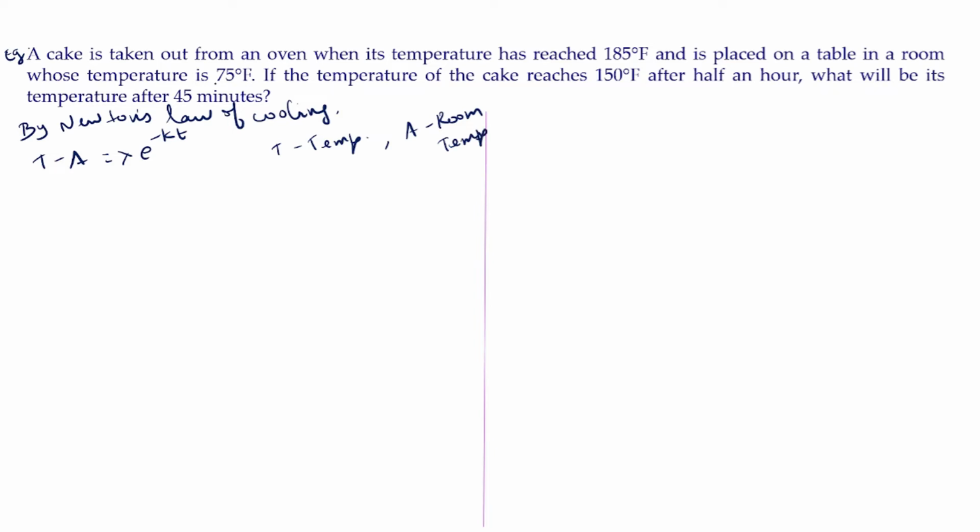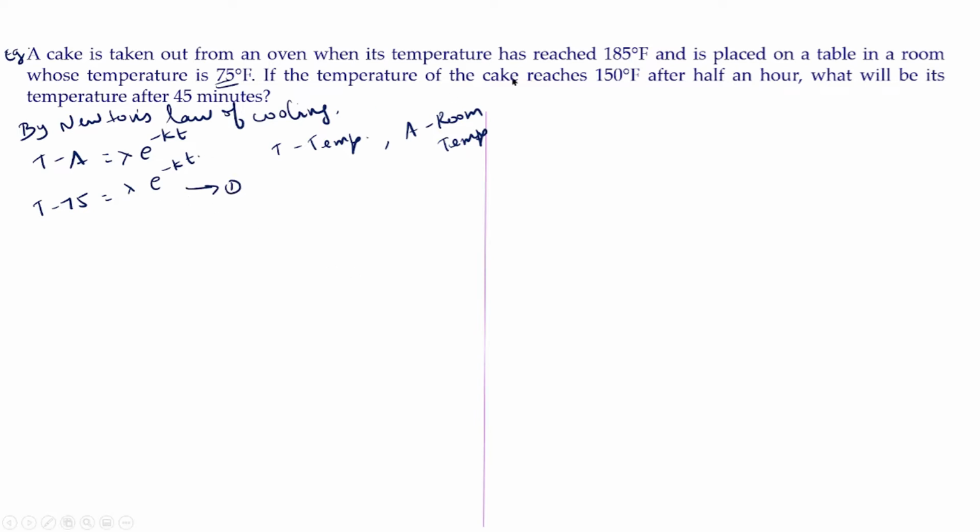The room temperature is given as 75. So we have T minus 75 equal to lambda into e raised to minus kt. Let us mark this as equation 1. First, let us find lambda.